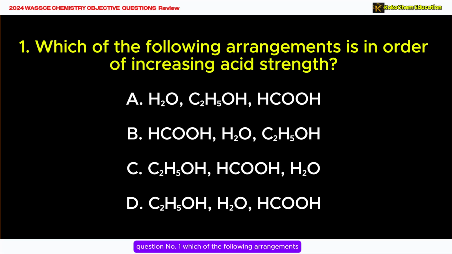Question number 1. Which of the following arrangements is in order of increasing acid strength? A. H2O, C2H5OH, HCOOH. B. HCOOH, H2O, C2H5OH.